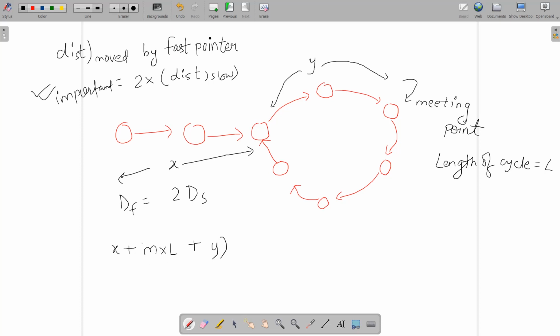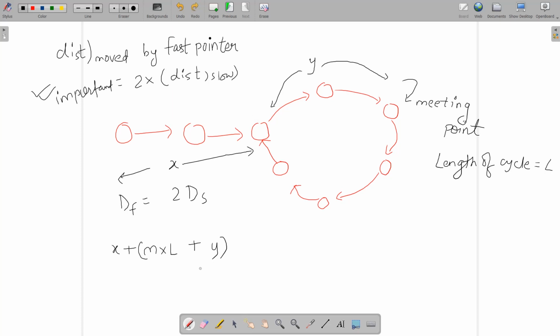Let me enclose it in brackets. This x is the distance from the head of the linked list to the start, and mL plus y is the number of times the fast pointer covers the entire circle present in this linked list cycle, plus y, the distance between the start of the cycle and the meeting point.